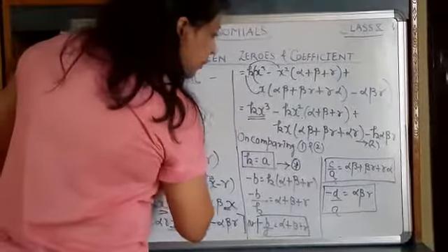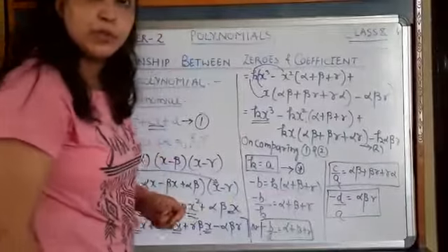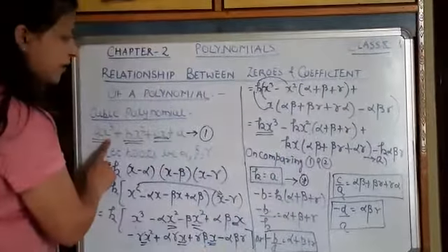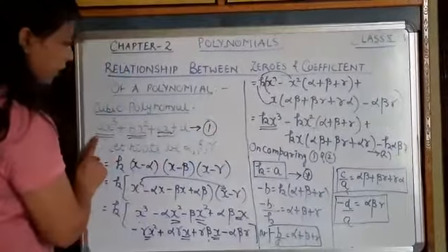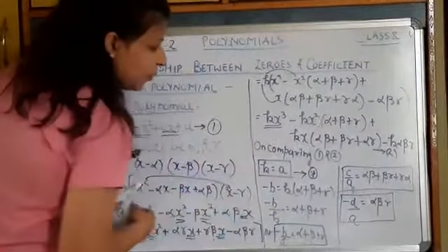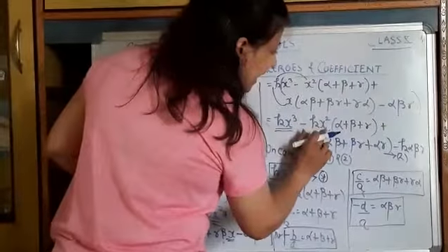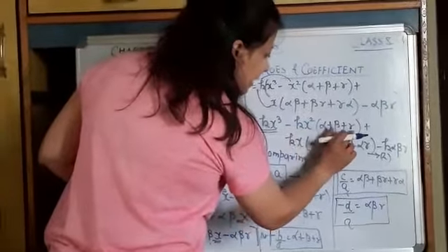On comparing polynomial 1 and polynomial 2, what will I get? kx cube is equal to ax cube, so k will be equal to a. Plus bx square is equal to minus kx square times alpha plus beta plus gamma.